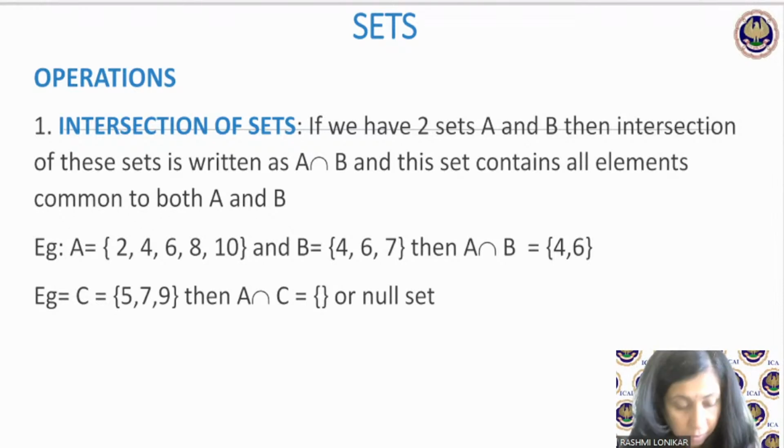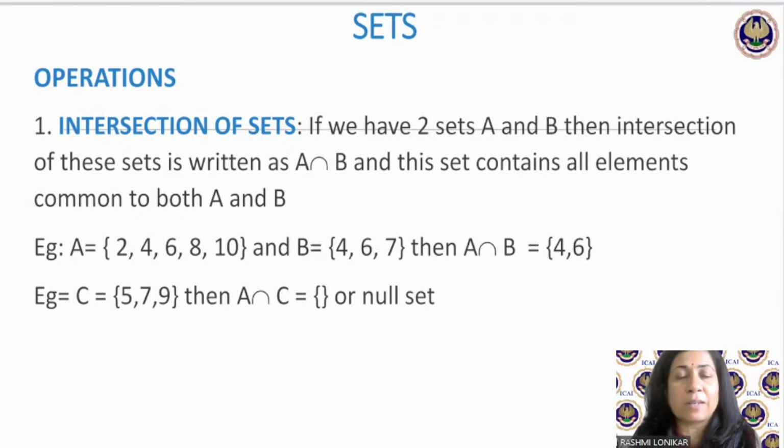Okay. Now we have the concept of intersection of sets and union of sets. When we are talking of union, what happens? You have two things and you bring them together. So when I have two sets A and B and bring them together, I will have a bigger set containing all the elements of A and B. But it is very important in sets that you do not repeat the numbers.